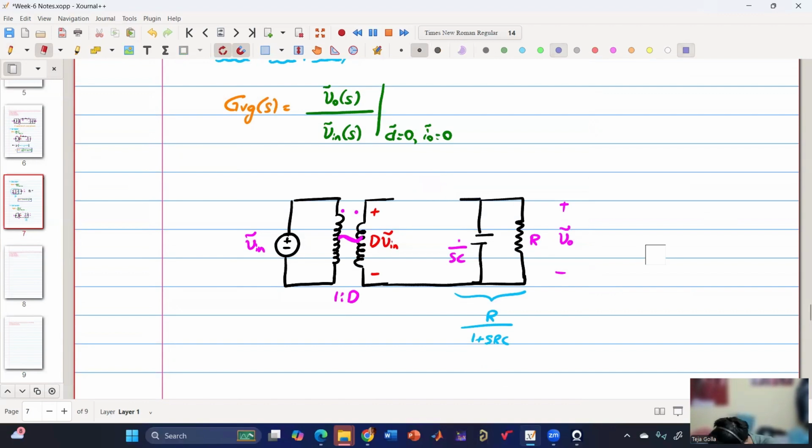Here we have one additional resistor. Here also we have one additional resistor. Resistance, capacitance, SL, RE, RC, 1 by SC.